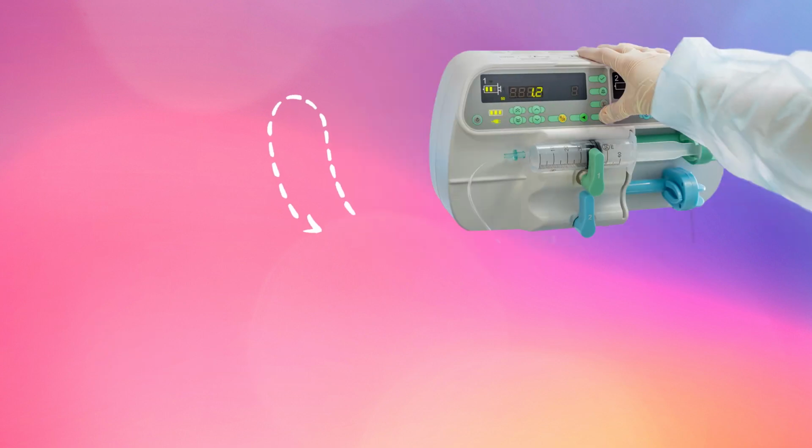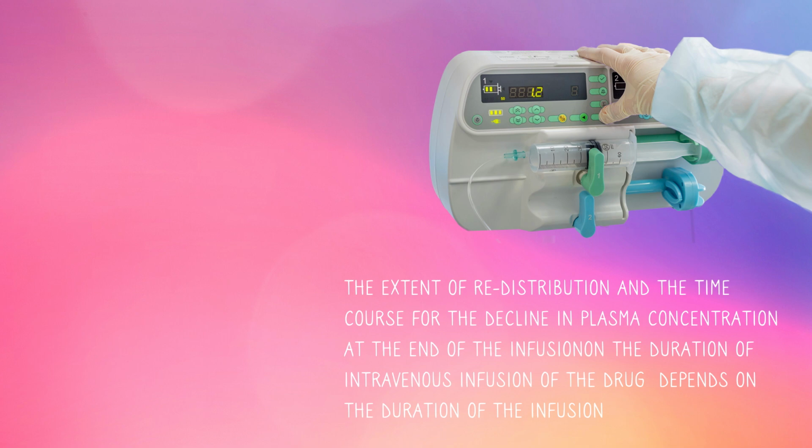It is also clear that the extent of redistribution depends on the duration of intravenous infusion of the drug, and the time course for the decline in plasma concentration at the end of the infusion depends on the duration of the infusion.